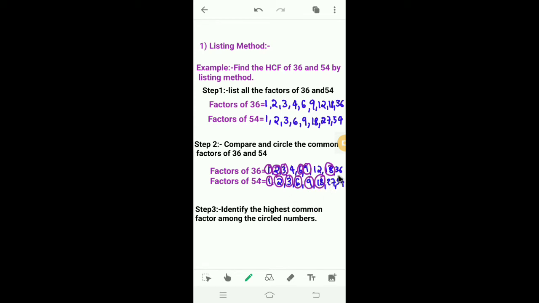Here the highest number is 18. So the last common factor of 36 and 54 is 18. So, the HCF of 36 and 54 is 18.